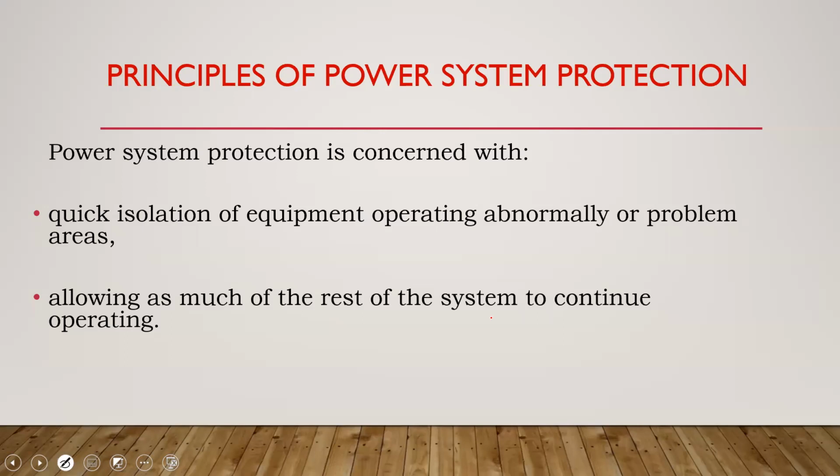That reliability also means that when persons want power, they should have it. They don't need to be consulting with the utility company. They want power when they need it, of the correct voltage, of the correct frequency, etc.